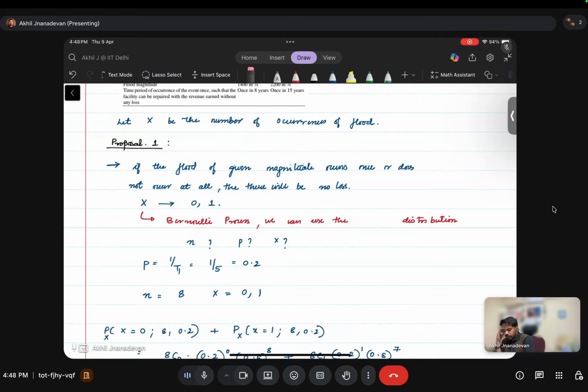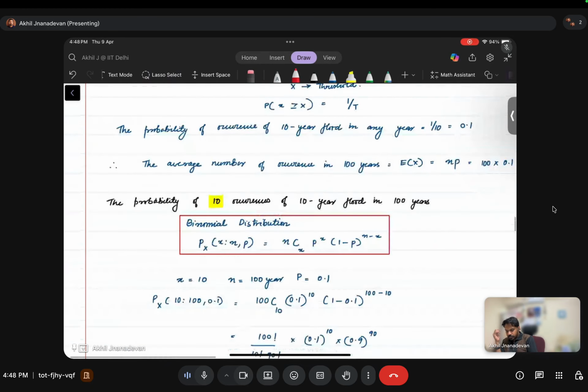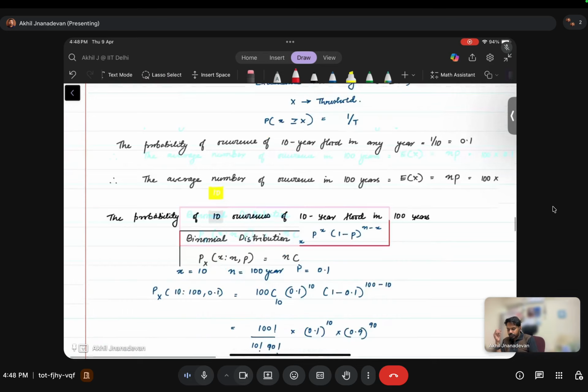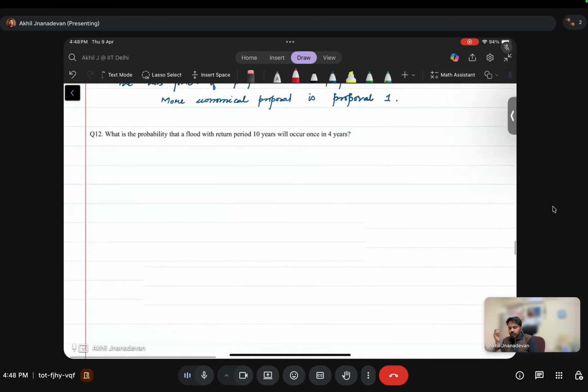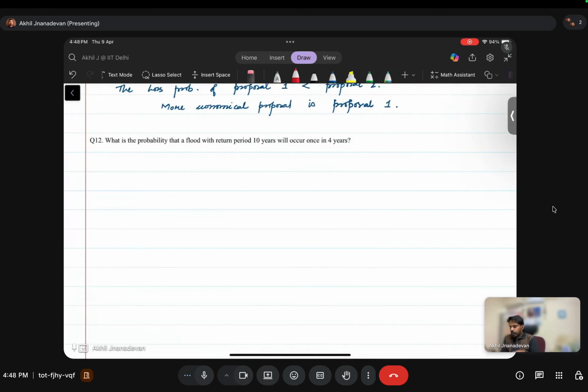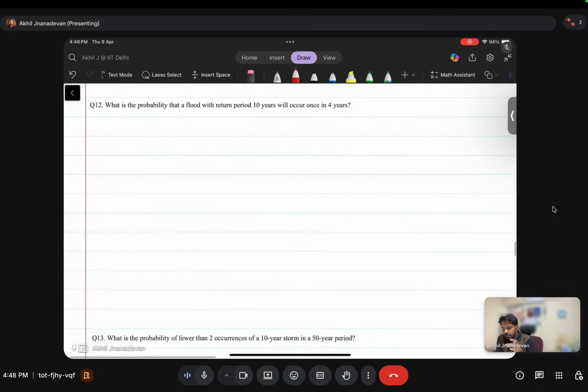The process is called the Bernoulli process, and this distribution is called the binomial distribution, not Bernoulli distribution. Here also we had used the binomial distribution. So in this case we can use two distributions. One is binomial, and also we can try this with the Poisson distribution.